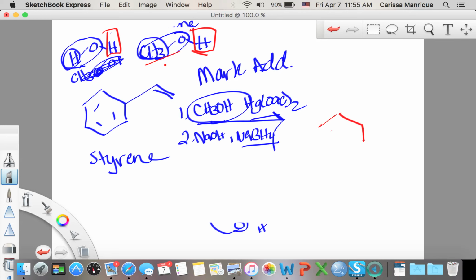So it's a Markovnikov addition. So here's where the double bond was, right here. So Markovnikov, what would be the most stable? On this side I have a primary, and over here I have a secondary. Again, how many carbons you're attached to. So the secondary is going to be more stable, so that's where I add my OCH3 group, and on the other side I add my hydrogen. So that one's there.